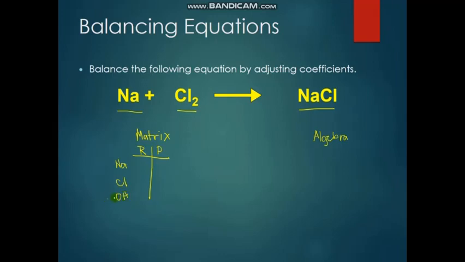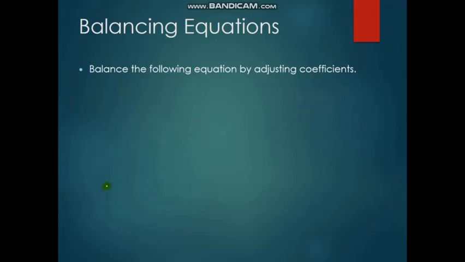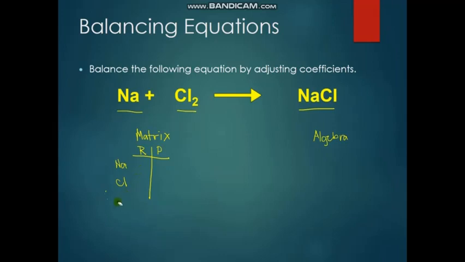So you have hydroxide. Next, you're going to write the number. So sodium in our reactant is 1, chlorine is 2. In the product side, we have 1 sodium and 1 chlorine as well.